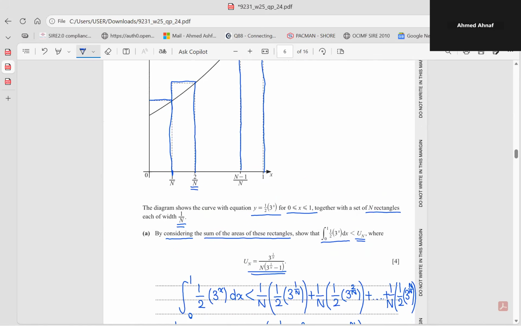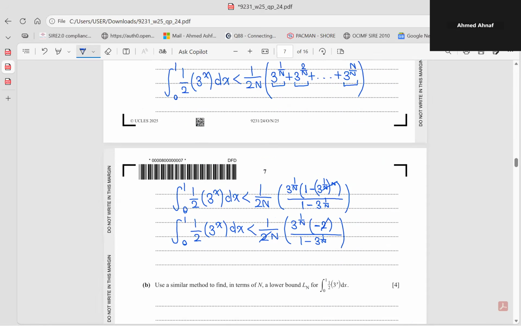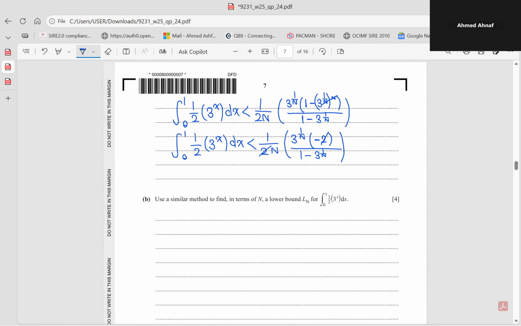Okay, so let's see if there's any negative. Fortunately, there isn't. Okay, so we have to get rid of this negative somehow. I guess one way is to multiply both the numerator and denominator by minus 1. Doing that gives us 3 to the power of 1 over n times n minus n, times 1 minus 3 to the power of 2n.